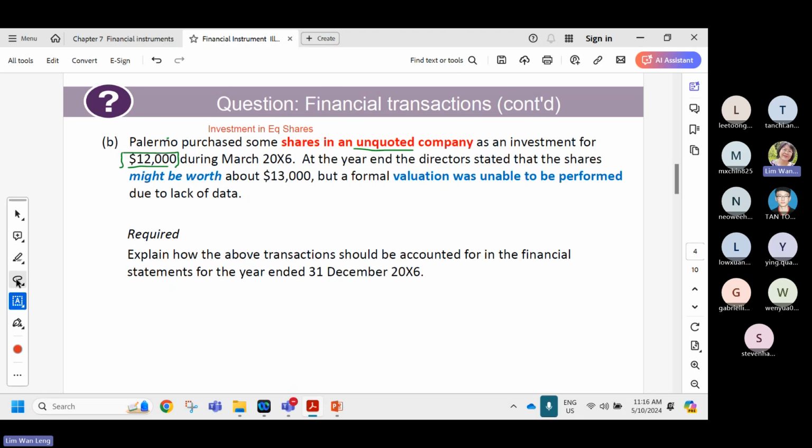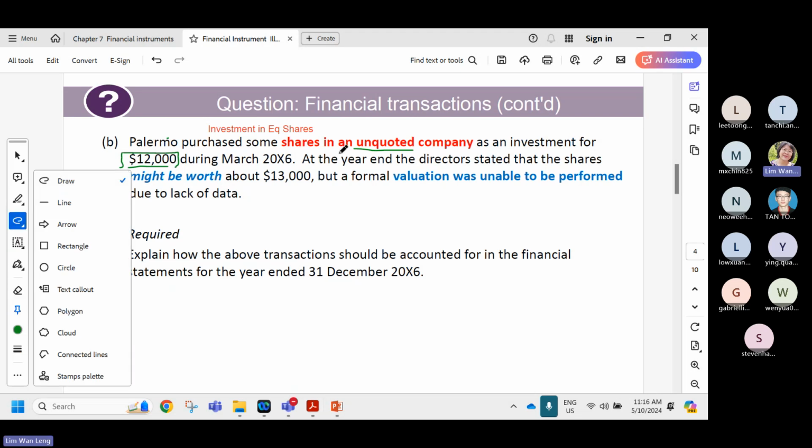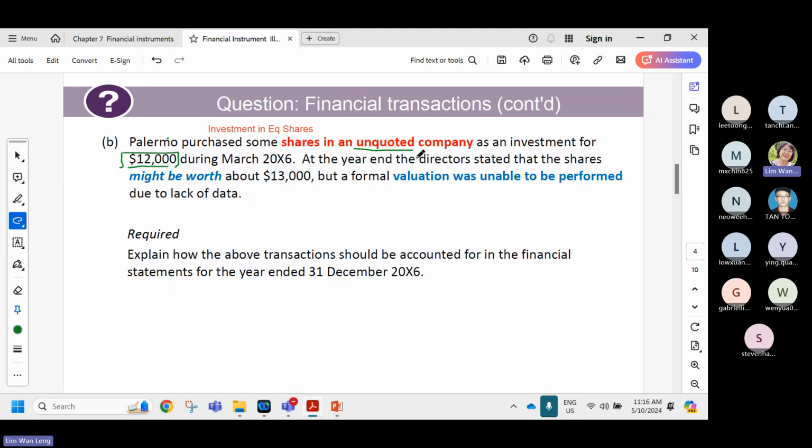So what happens? Palermo purchased some shares in an unquoted company for 12,000. At the year end, the director stated that the shares might be worth... So that means there is no way to find out. It's just a rough guess: oh, I think the value should have gone up, maybe by 1,000. So they say, oh, maybe it's about 13,000.